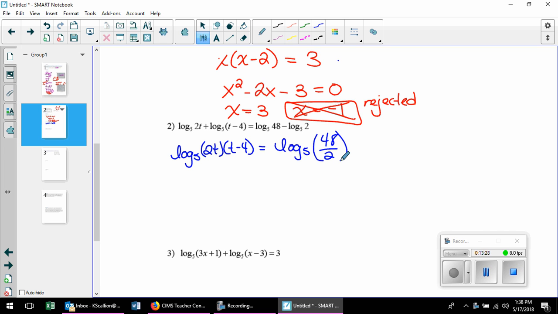The argument is divided by 2, not the whole logarithm. So you need to be specific because I'm going to start deducting marks. If you put this whole thing over 2, I'm going to be upset. That's a concept error. Just make sure that line is under 48. Don't you dare put the line under the whole log. Seems like a reasonable threat.